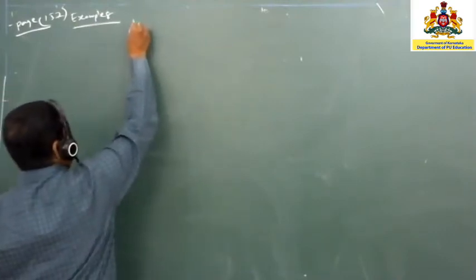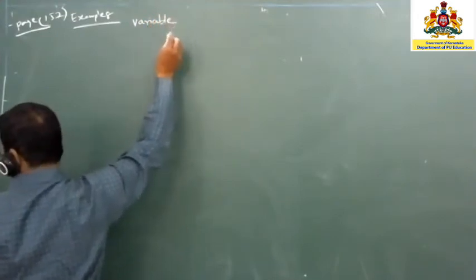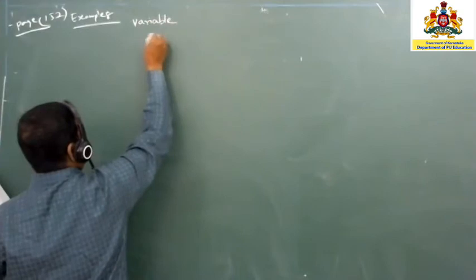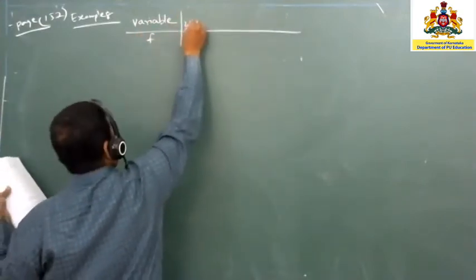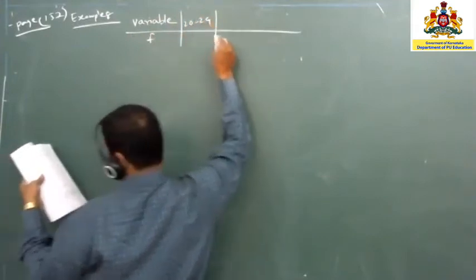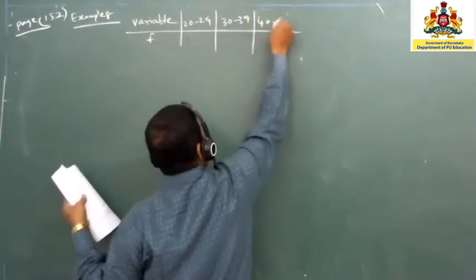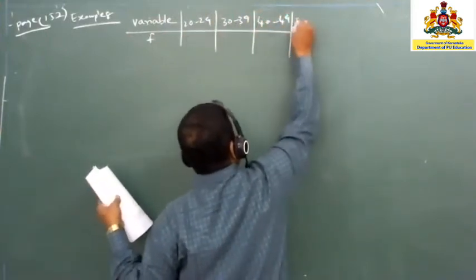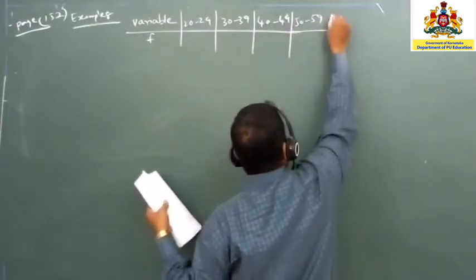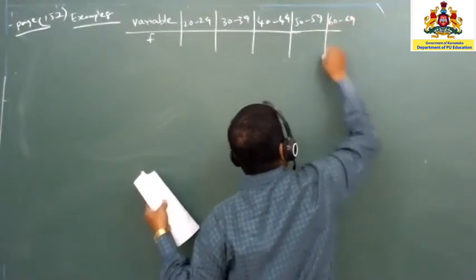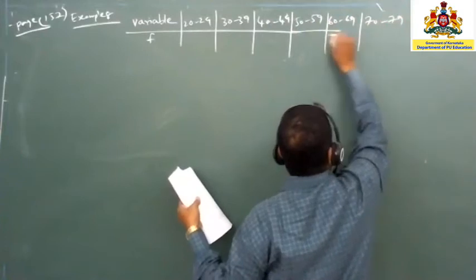Data is given as variable and f: variable 20 to 29, 30 to 39, 40 to 49, 50 to 59, 60 to 69, 70 to 79.